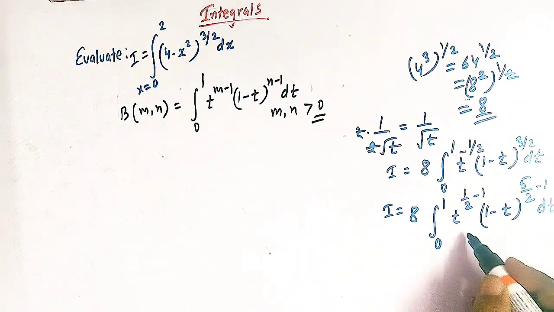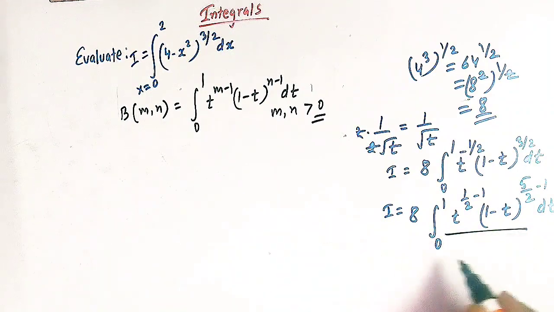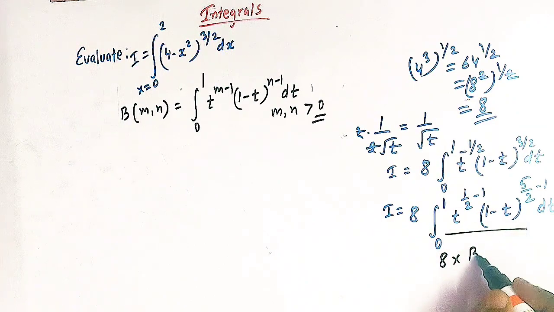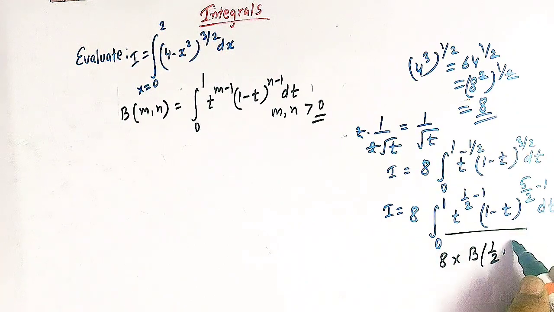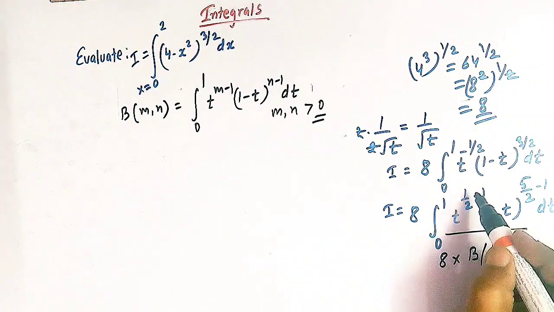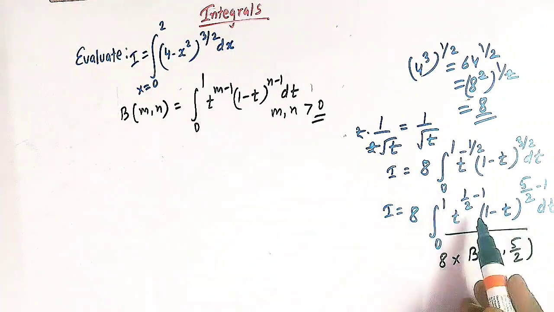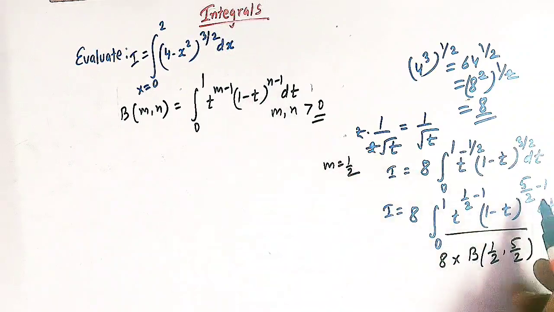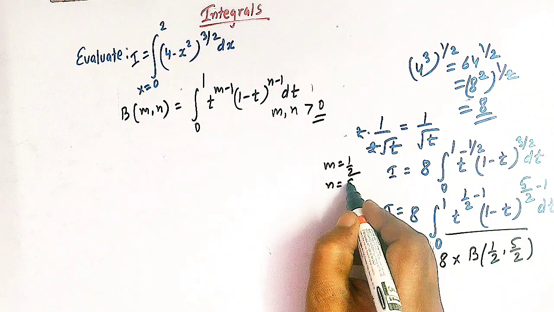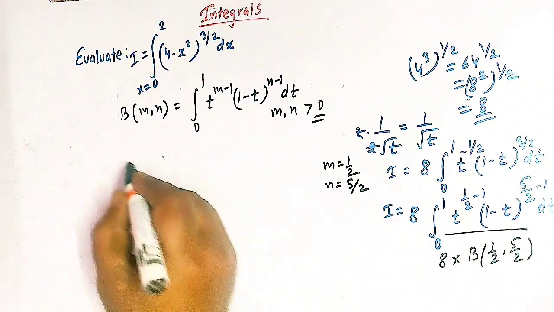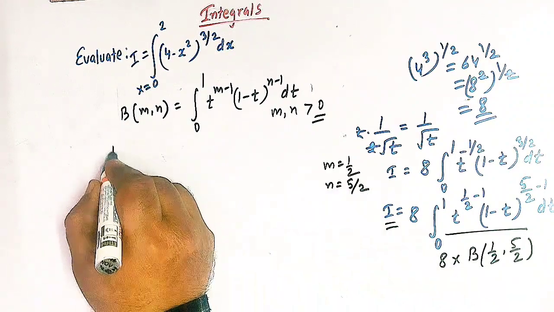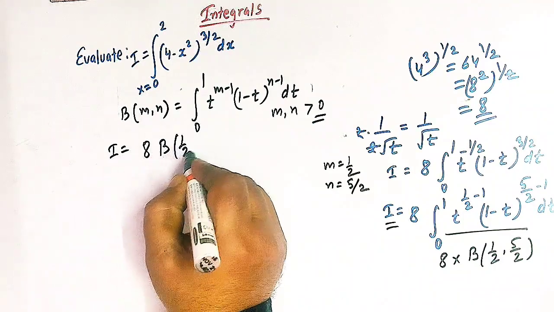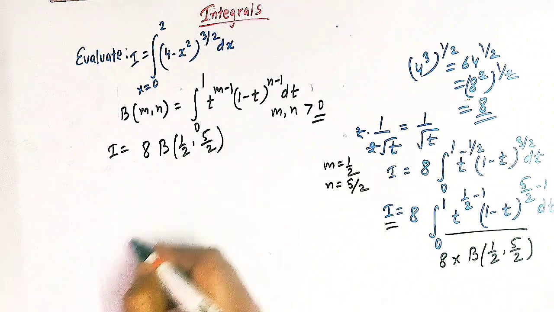So we can now write this integral as 8 times beta of half comma 5 by 2. So the value of m is half, and the value of n is 5 by 2, right? So now we have this integral I as 8 times beta half comma 5 by 2, right?